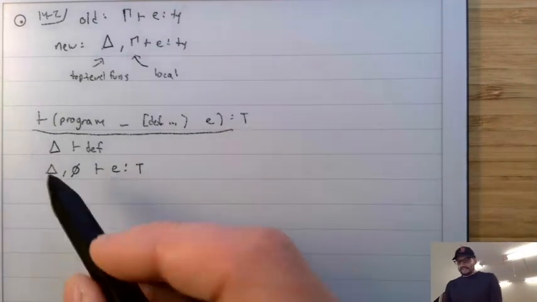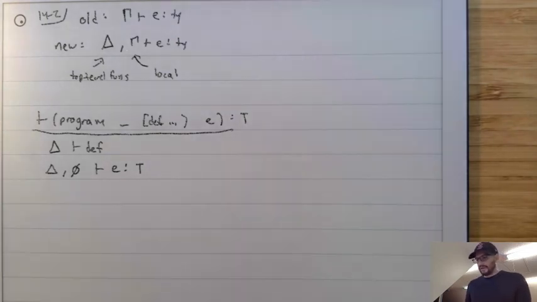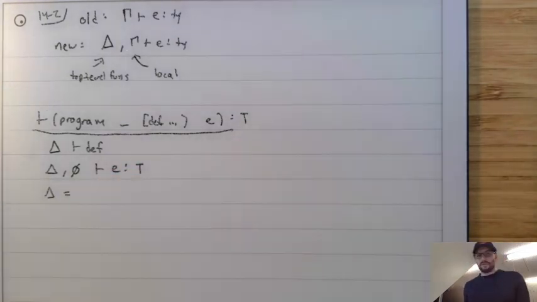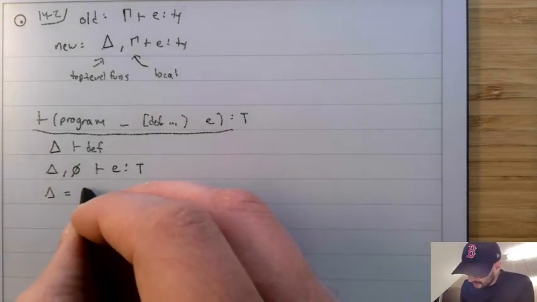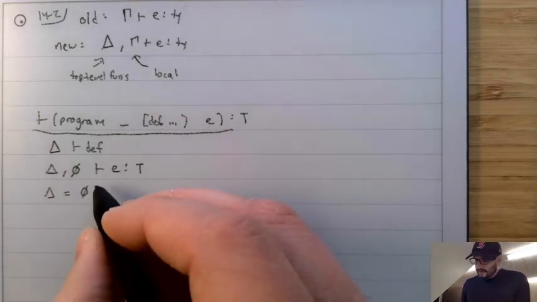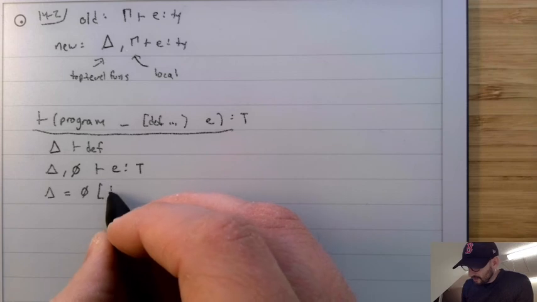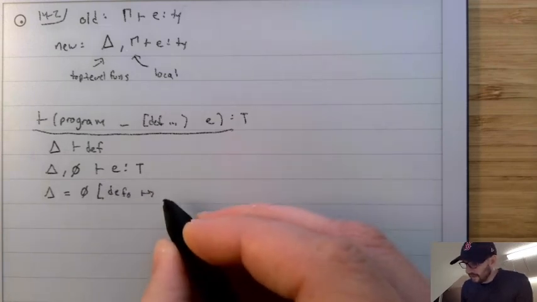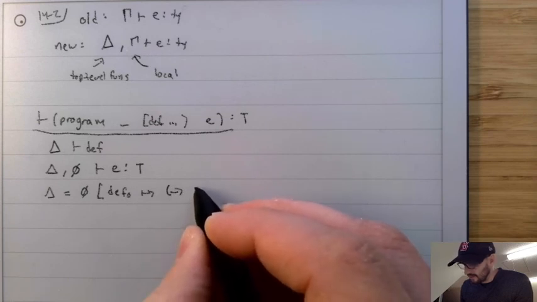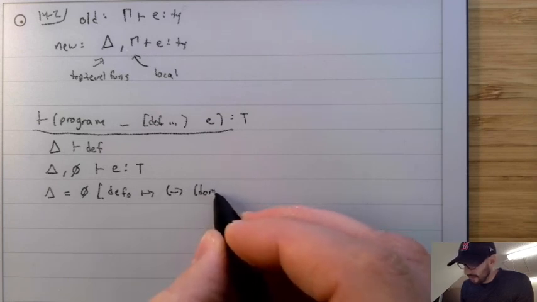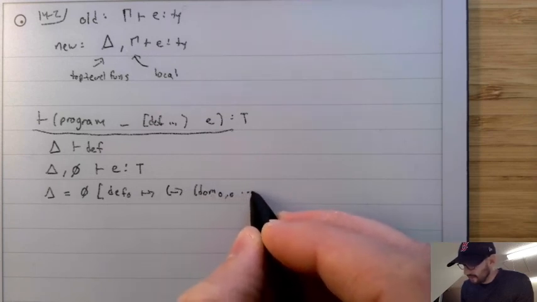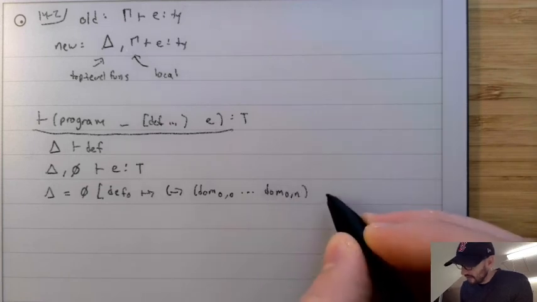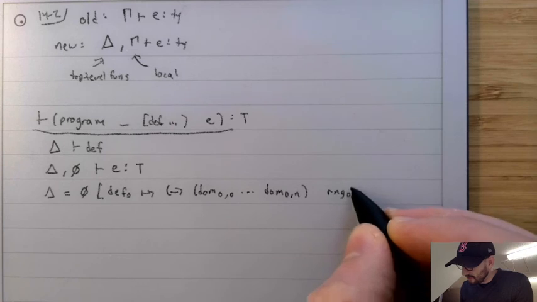Okay, now what does this mean? How do you type check a definition, and what is gamma? Sorry, what is delta? So delta is going to be equal to the empty mapping, where basically each variable, so we'll say def0, that's like the function defined there, is a function that goes from the domain 0, 0, ... domain 0, n to range 0.